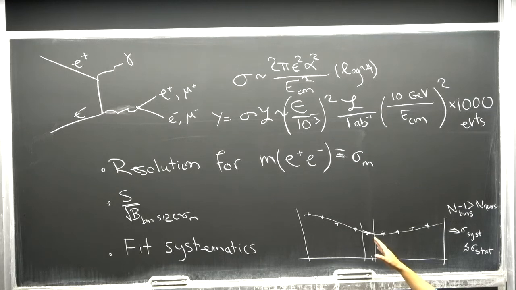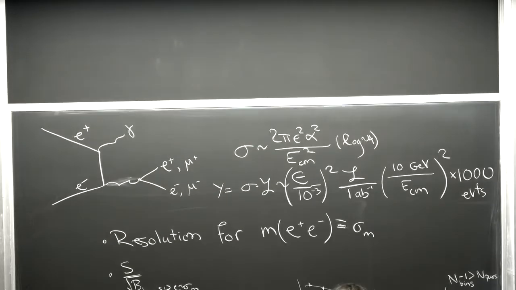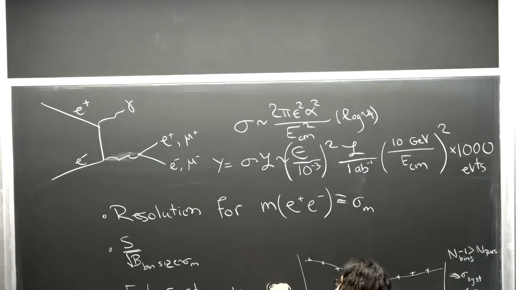Then your sensitivity to how big a signal you can see is set by the statistical uncertainty on that bin, which is just the square root of the background in the bin. So that's all I'll say about fit systematics, that they can usually be made a less than order 1 effect.